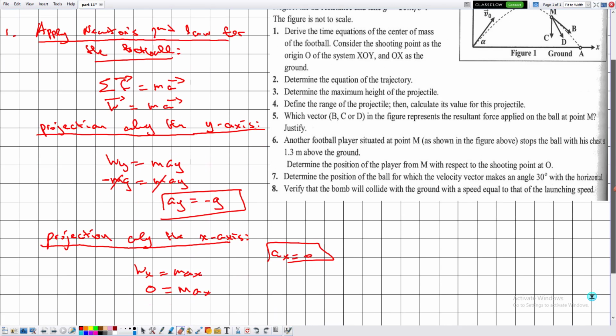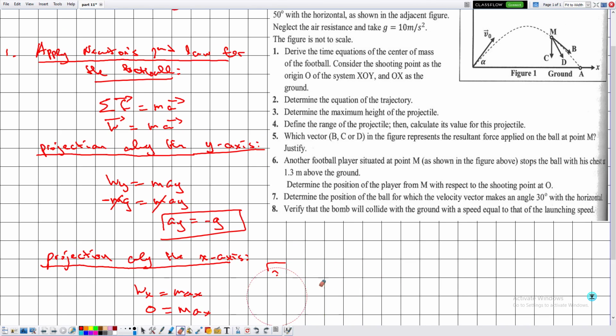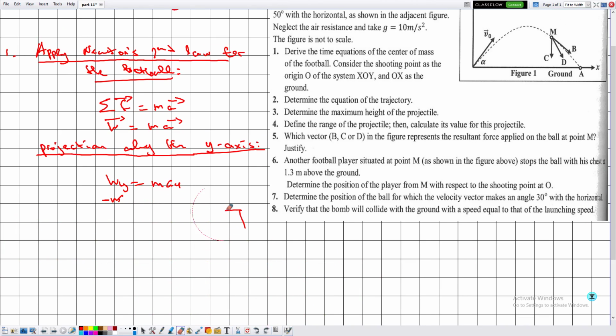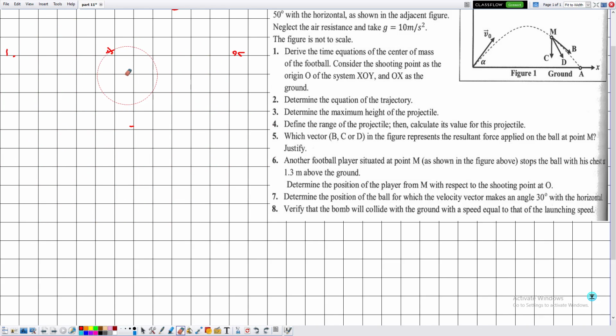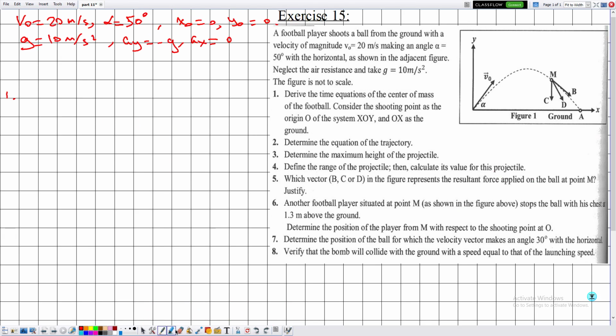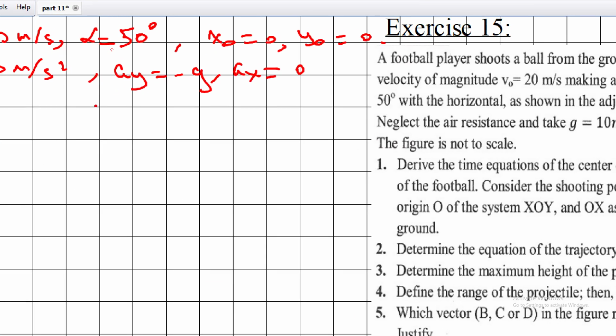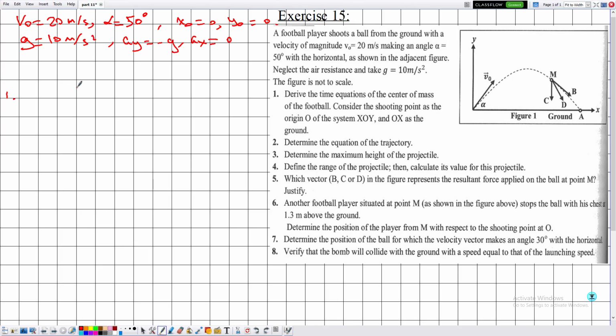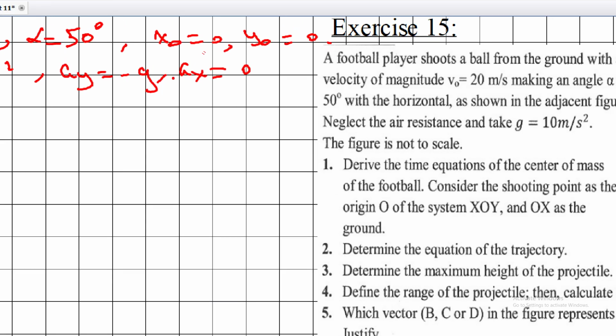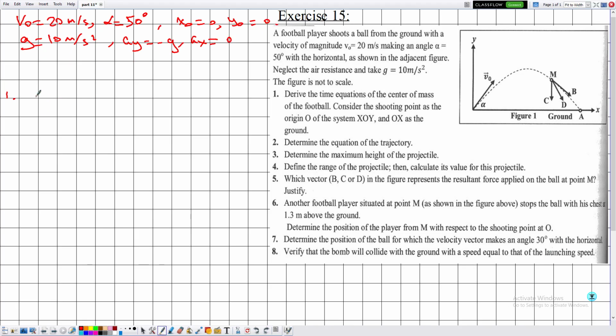Yet we didn't derive the time equations, but it's important to indicate the acceleration, because whenever we find the acceleration, we can determine the type of motion along each of the axes. Notice that the acceleration along the y-axis is constant, so it's UVM, and along the x-axis it's 0, so it's URM.